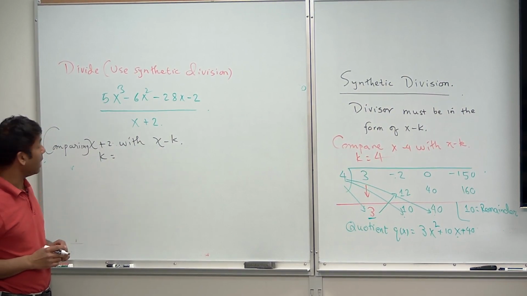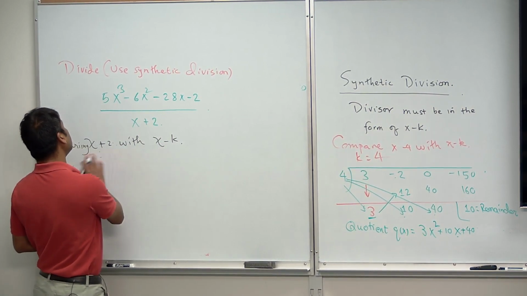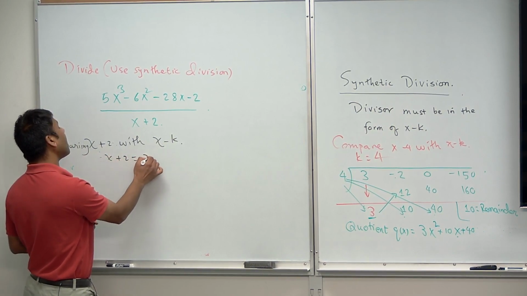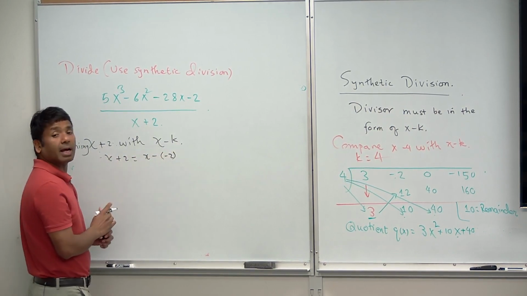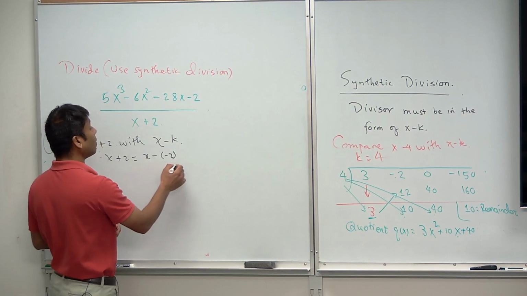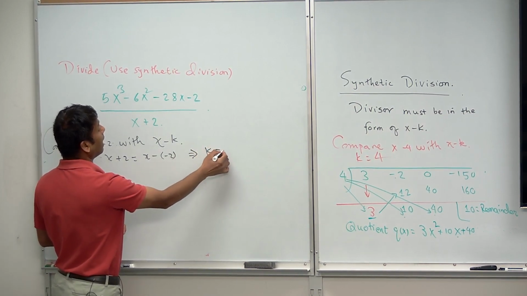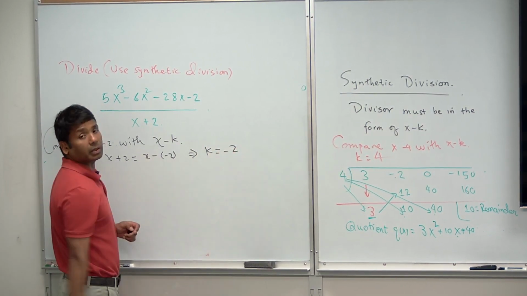Yes, the value of k is negative 2. Remember, this x plus 2 is the same as x minus negative 2. Is that right? So the value of k is negative 2.